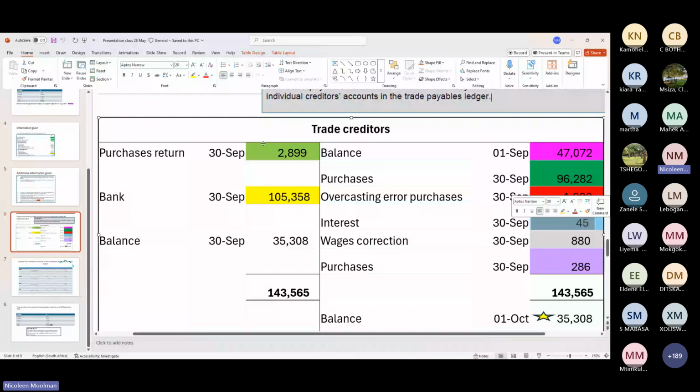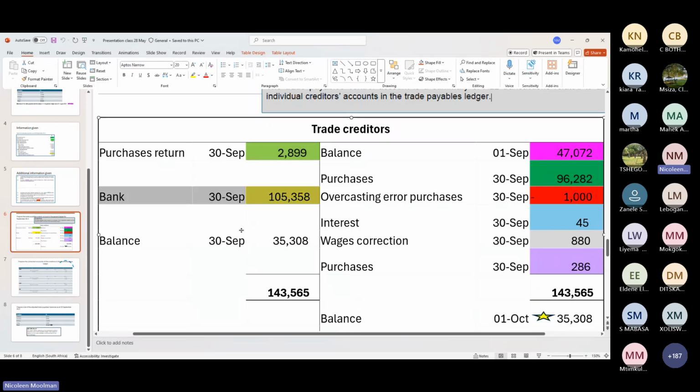And on this side, if we have purchase returns, now we're reducing our trade creditors, we're debiting trade creditors, and the other side of that would probably be inventory. So we will credit inventory because we gave the stock back to the supplier, and then we reduce the asset inventory.